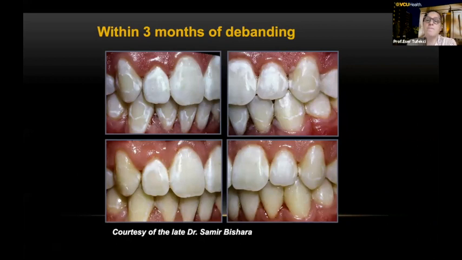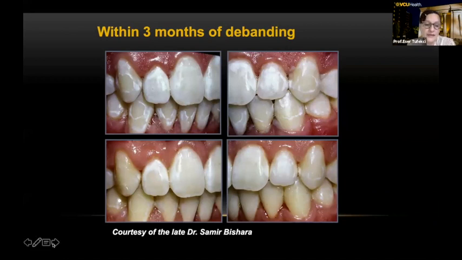Of course, maybe if these lesions were really, really superficial, there was some remineralization, or it is possible that some of the aesthetics was improved because when the patients brushed, this unhealthy soft enamel was erased from the tooth surface.